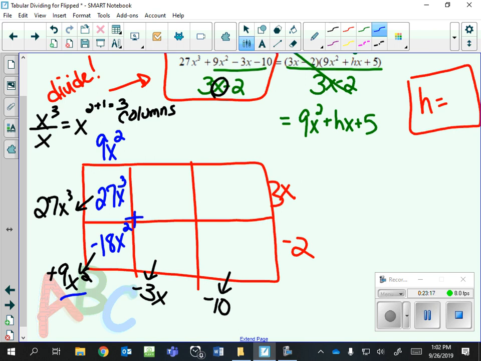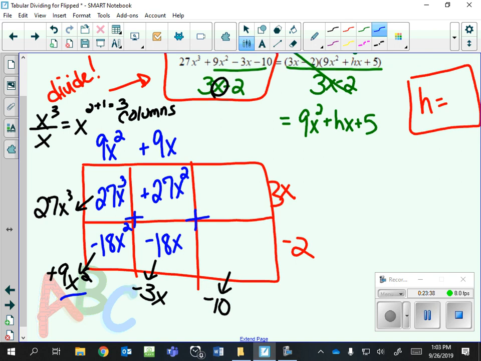So that means that I have to have a positive 27x squared. So up top, I should have a positive 9x because 9x times 3x gives me 27x squared. I continue multiplying. 9x times negative 2, negative 18x.